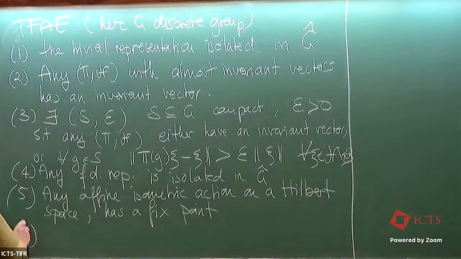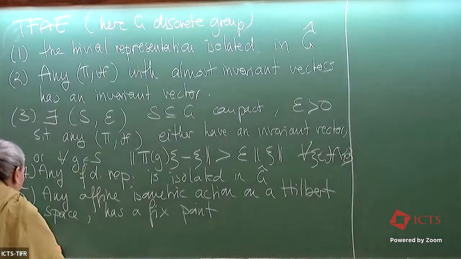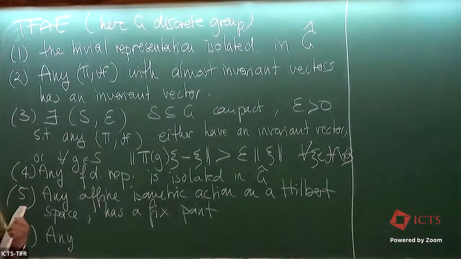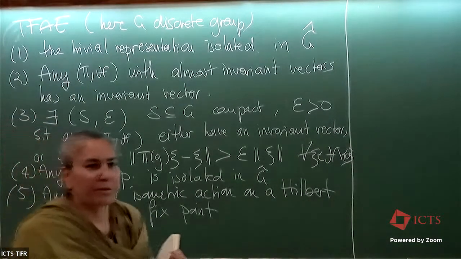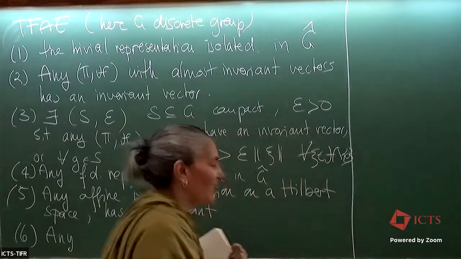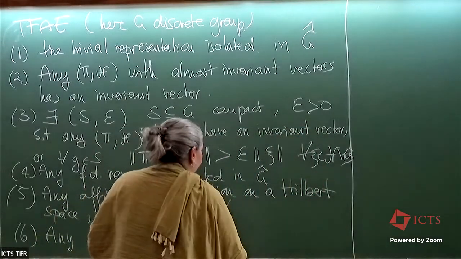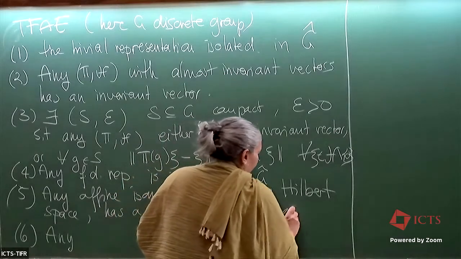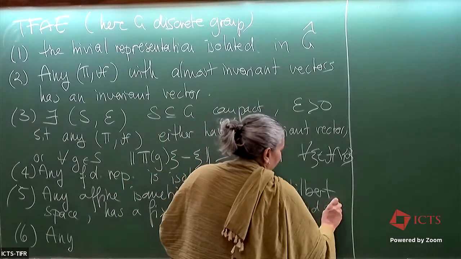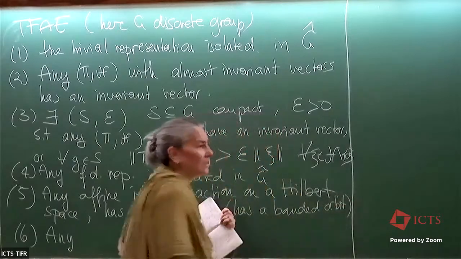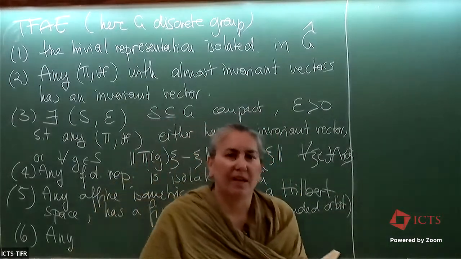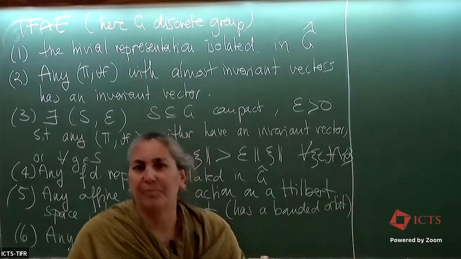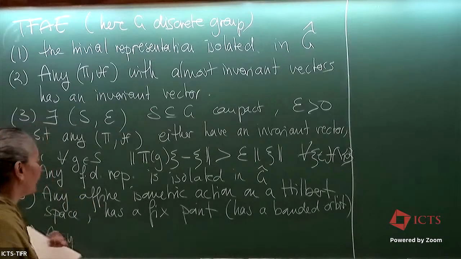So if you're in a Hilbert space and you find a bounded orbit, you're going to find a fixed point. That's the same thing as saying it has a bounded orbit. Because Hilbert spaces being CAT(0), if you have a bounded orbit, you can find a barycenter for your bounded set, and that's going to be your fixed point.